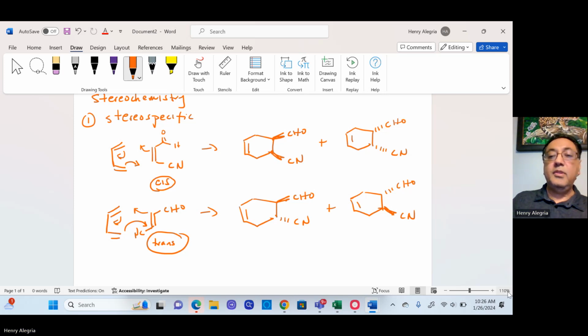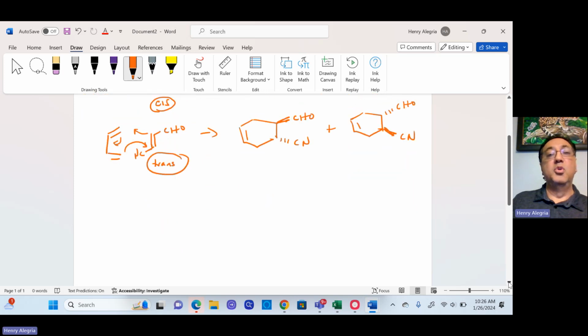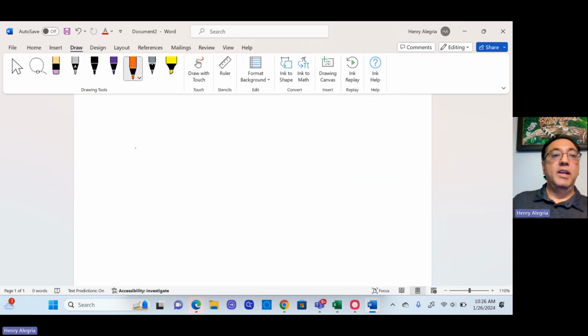Now, notice that no textbook tells you, well, what about the diene? Does that affect the stereochemistry? Because it can get more complicated, right? But I'll give you a quick take-home message. If I start off with this, versus if I were to start off with those two alkyl groups where one is here and one is there.